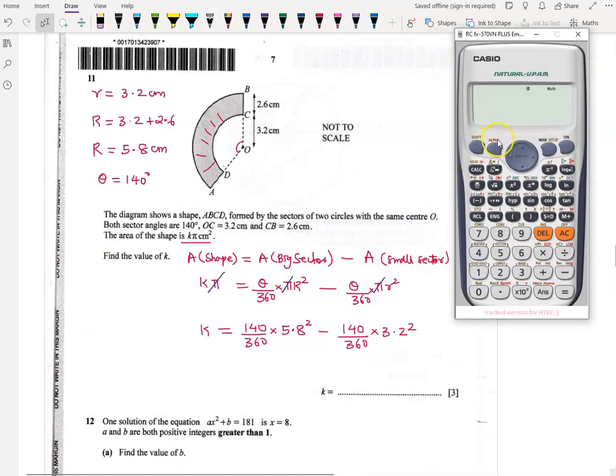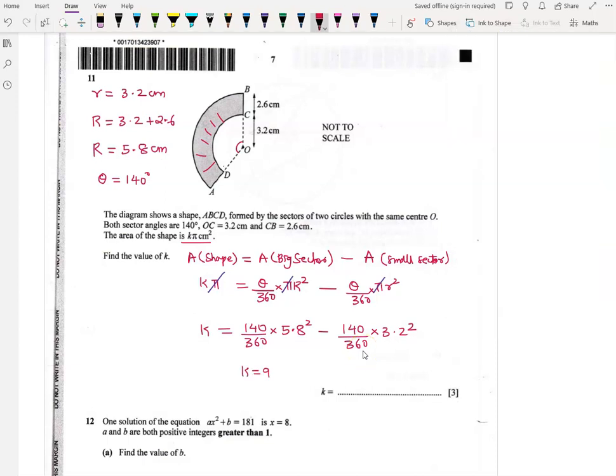So let's do that. 140 over 360 times 5.8 squared minus 140 over 360 times 3.2 square. That gives you 91 by 10, that is 9.1. So right here value of k is 9.1.